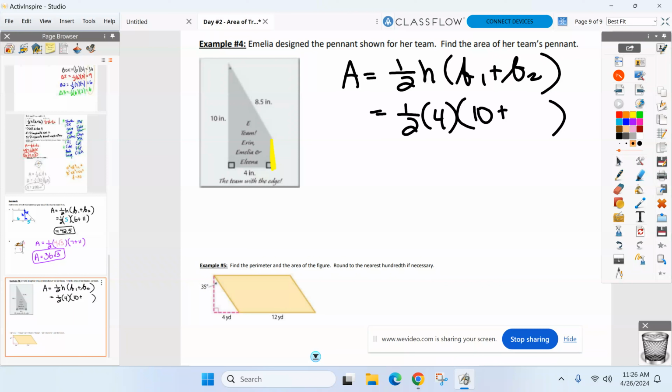To get. Wait, I don't think that would work. Wait, actually, yeah.